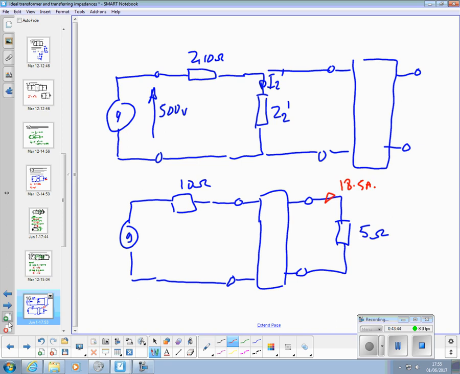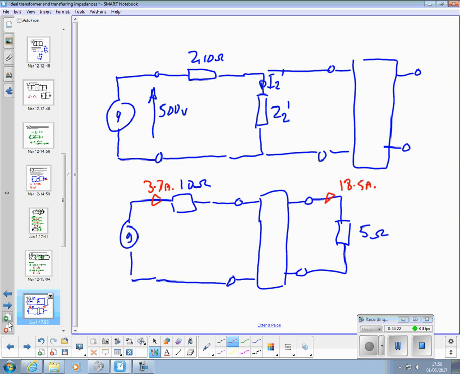Primary current was 3.7 amps. You'd expect this one to be 5 times bigger. Is it quite 5 times bigger? 5 times 3.7. Ain't quite, is it?